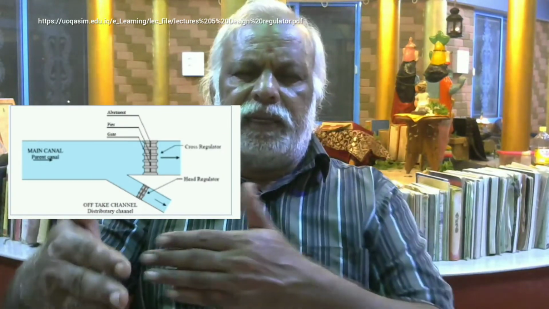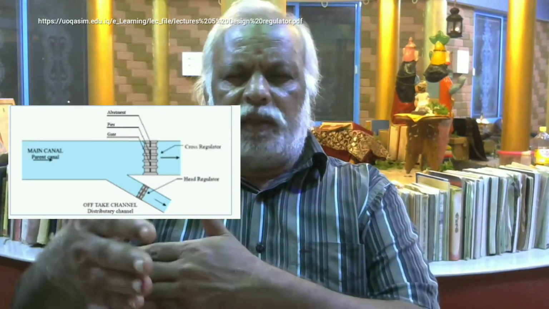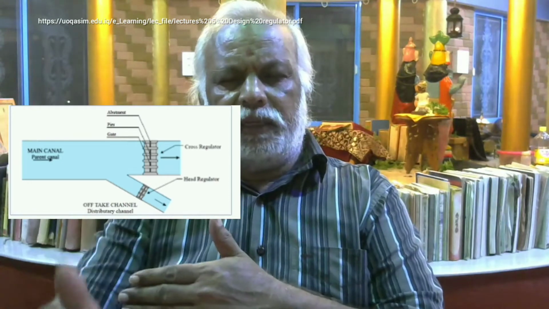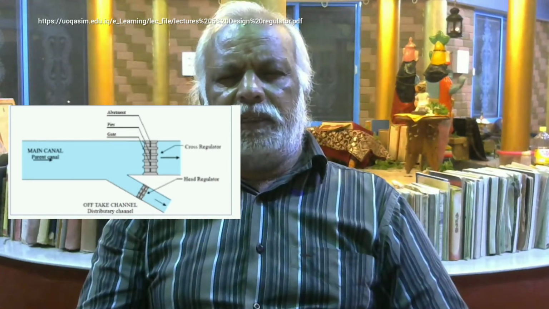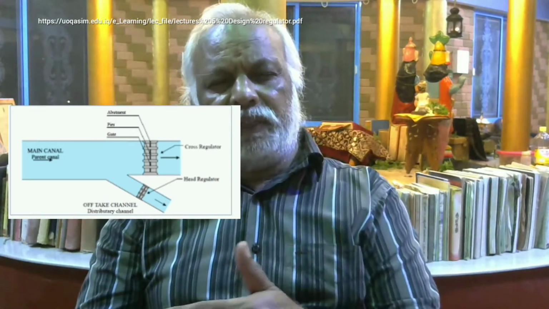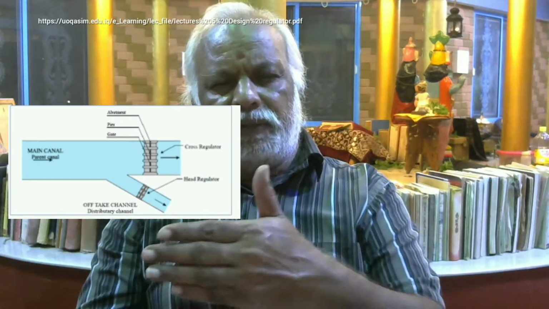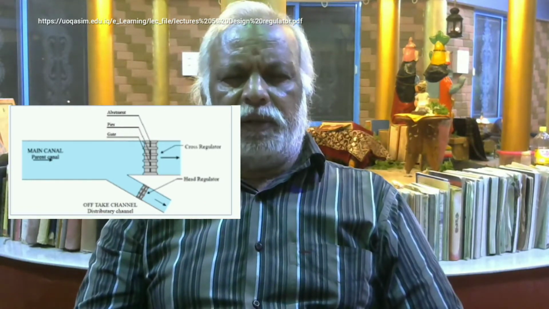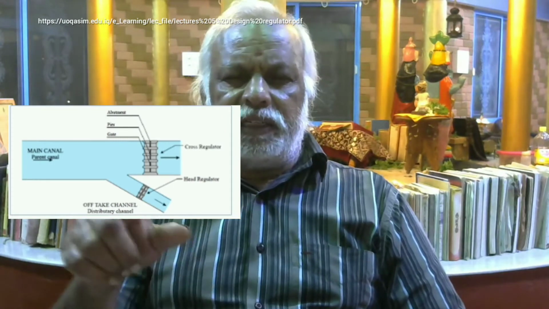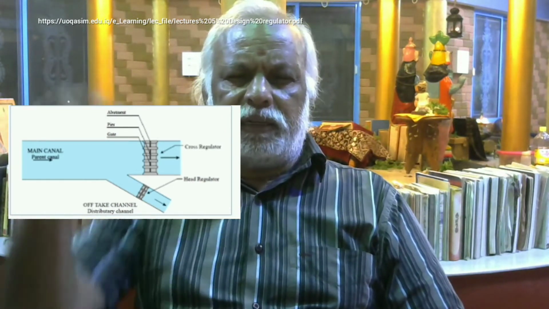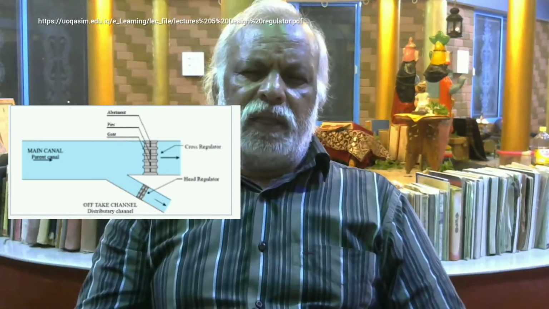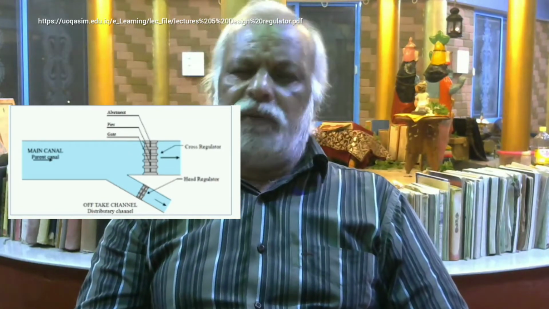So you will have a cross regulator and a head regulator. Across the canal, you will have a regulator known as the cross regulator, and along the bank of the canal, the bund of the canal, you will have a regulator known as the head regulator. This pair of head regulator and cross regulator is called the diversion headwork.